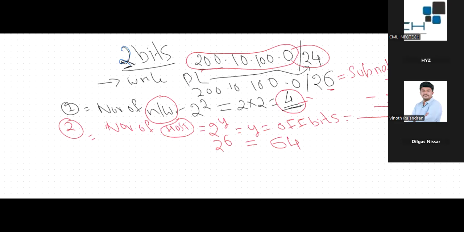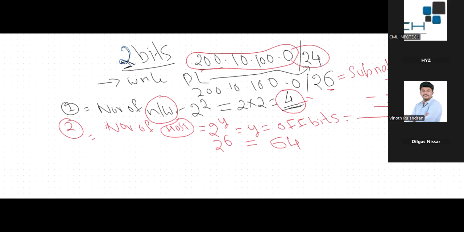How much does it come to? 64, right? 2 to the power of 6. So the total is 64. Any doubt?